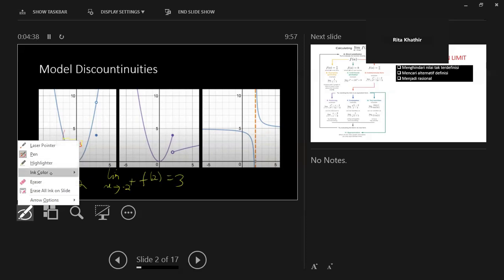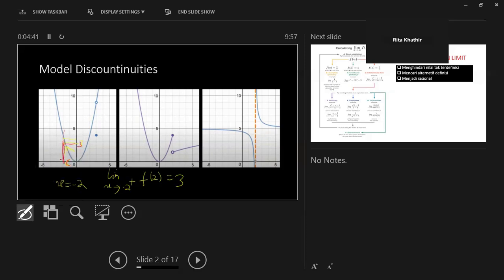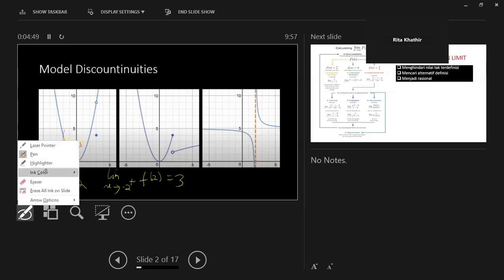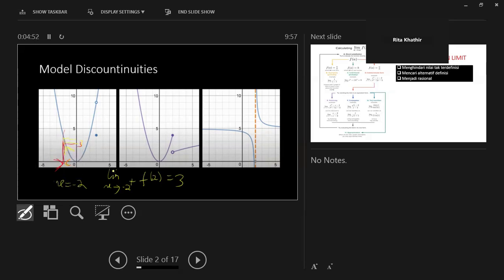As opposite, if you go from this direction, it is called the left hand side. So we can also write this as the limit as x approaches -2 from the left hand side of f(x), and then we see what happened here. It still approaches 3, yeah? y equals 3.